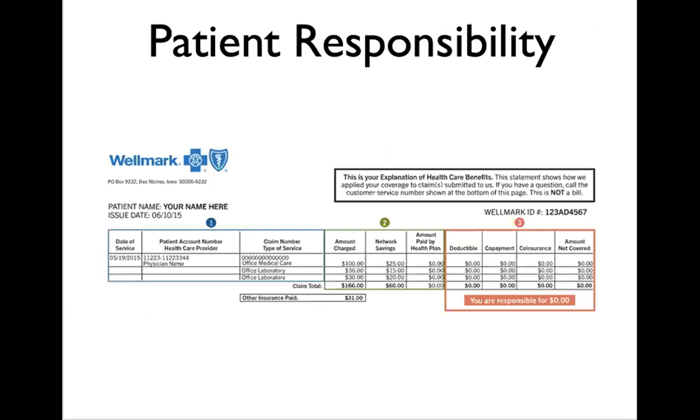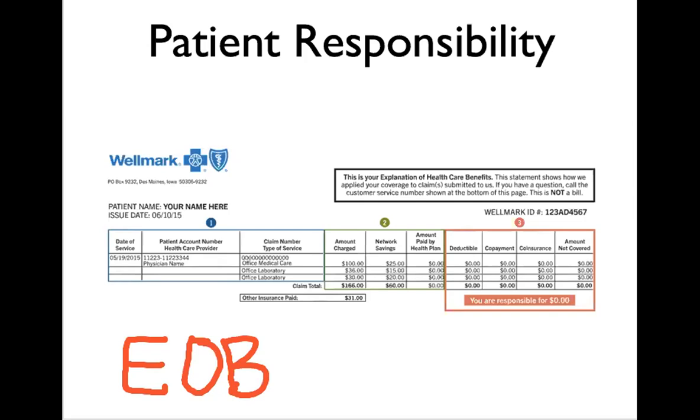All right, so here is an example of an explanation of benefits, and let me give you the abbreviation. We call it the EOB. With the EOB, it usually tells the patient, this is not a bill.